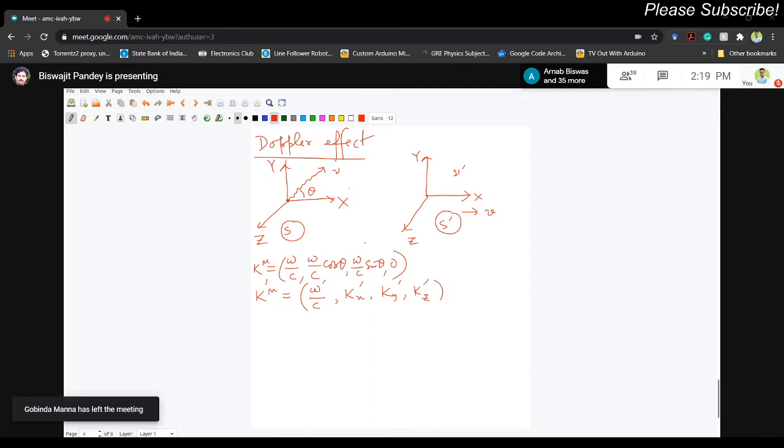And we want to relate them. Again, we have to apply a Lorentz transformation, because if we want to get k mu prime from k mu, we have to apply the Lorentz transformation lambda mu nu, this is k nu, right? Both are four vectors, but in two different frames. K mu prime is in the prime frame, this is in the unprime frame.